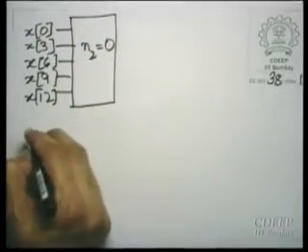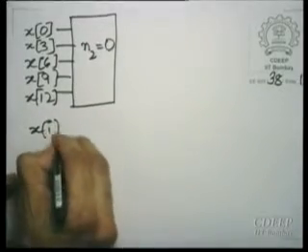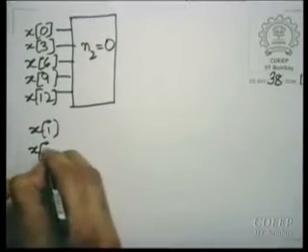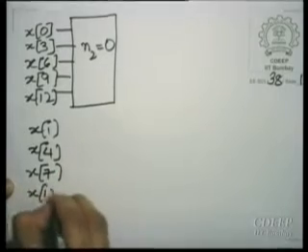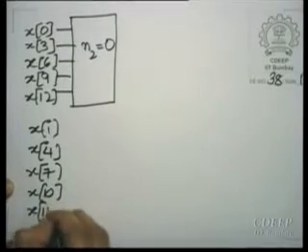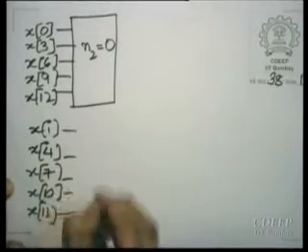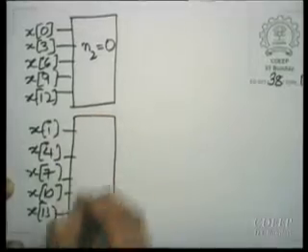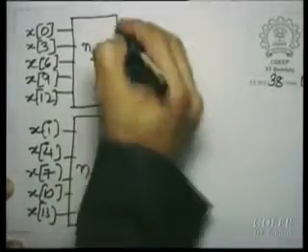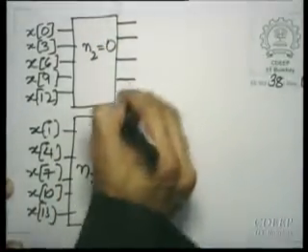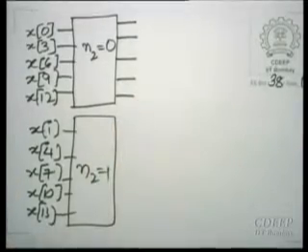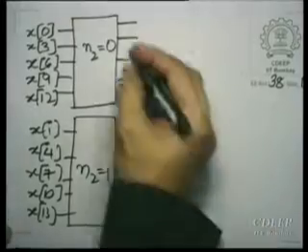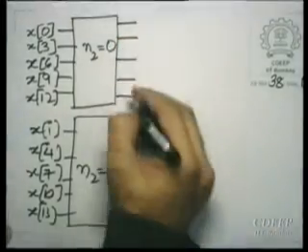Then you are going to have x1, x4, 7, 10 and 13, and this is going to be the group corresponding to n2 equal to 1, and of course the output index is going to be k1, I am sorry, k2, the output index is k2.